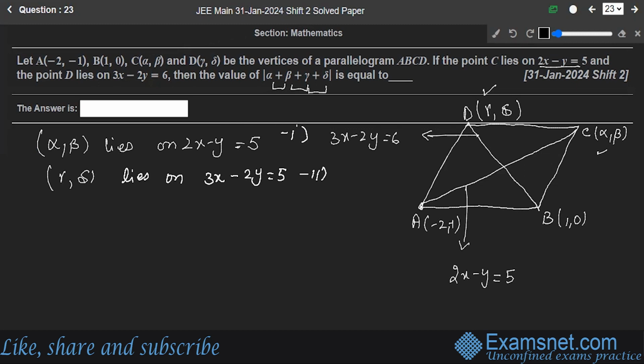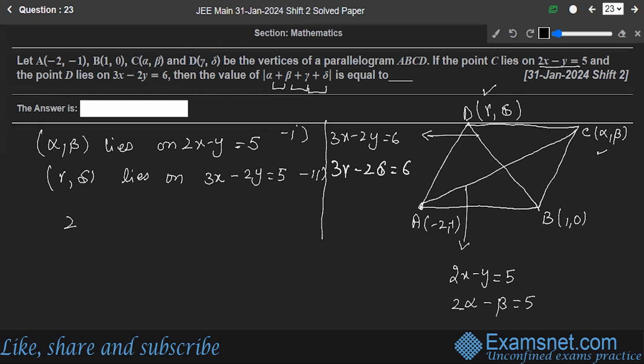From the first one, you have 2 alpha minus beta is equal to 5. And from the second one, you have 3 gamma minus 2 delta is equal to 6.